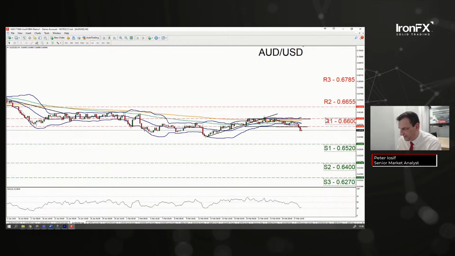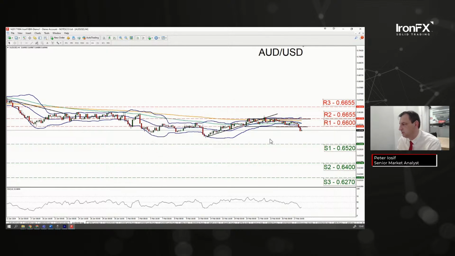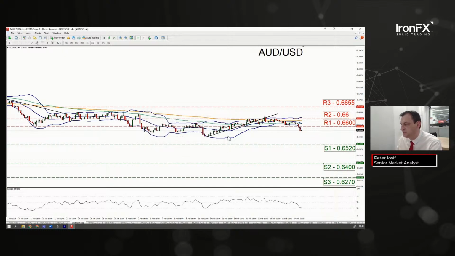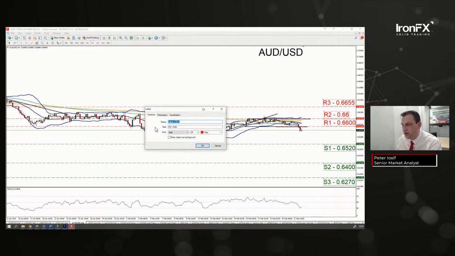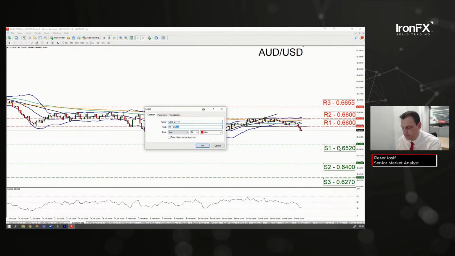Let's correct also the labels. Starting with the R3 at 0.6655, the R2 at 0.66, pretty narrow actually, and the distance between the R2 and the R1 is even more narrow, as the R1 is being set at 0.6520.